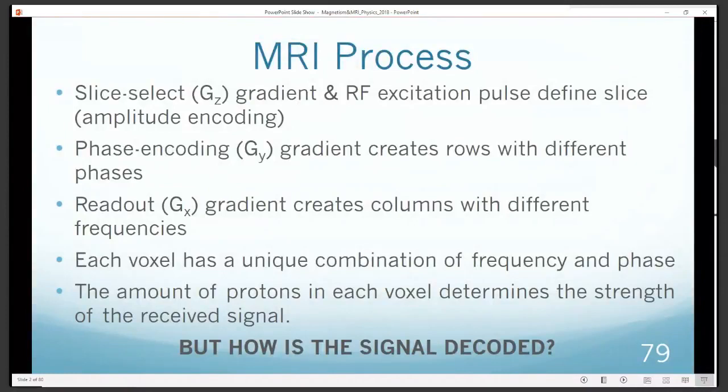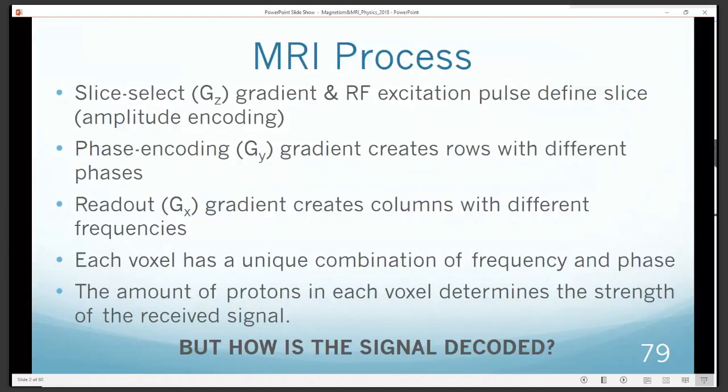To produce images, we encode the signal using gradient coils that change the magnetic field in each of the 3 orthogonal directions. The slice select gradient works with a radio frequency excitation pulse to define a slice from which the signal is produced.